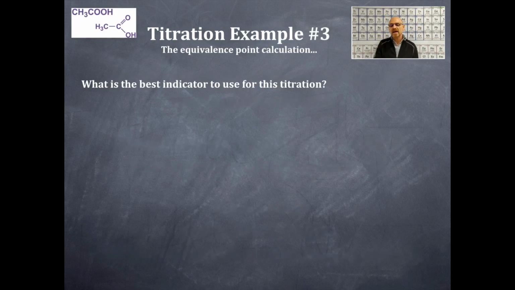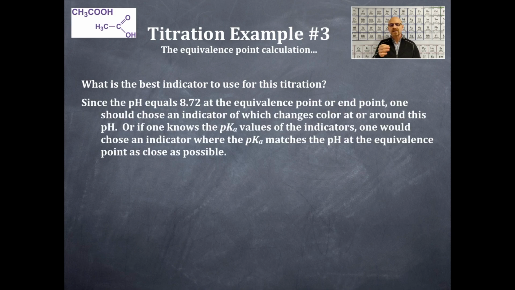Okay, what is the best indicator to use for this titration? So, since the pH is 8.72 at the equivalence point or the end point of this titration, one should choose an indicator which changes color at or around this pH. Or if you know the pKa of the indicator, it would be equivalent to the pH at the equivalence point.